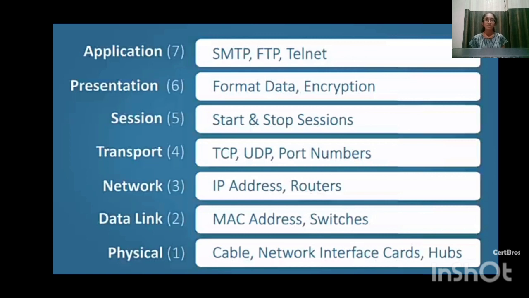The fourth layer is the transport layer, that is TCP, UDP and port numbers. The fifth layer is the session layer, that is start and stop the sessions. The sixth layer is the presentation layer, format data and encryption. The last layer is the application layer, that is SMTP, FTP and TELNET.